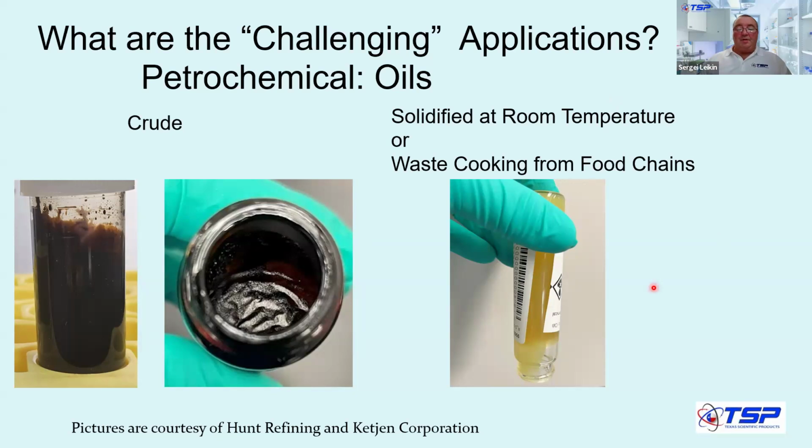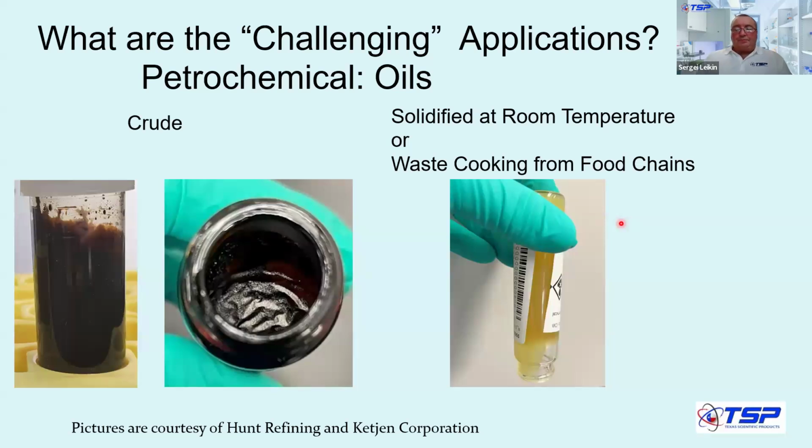And what you see here is this vial turned upside down and nothing coming out of it, right? Another example of this type of oil solidified at room temperature would be waste cooking oil from food chains, used in biodiesel production and things like that.